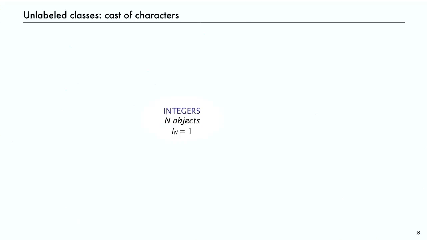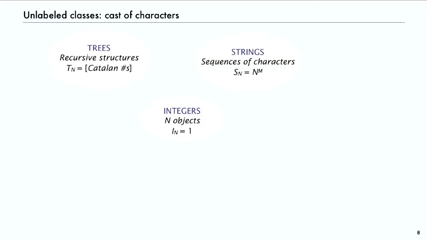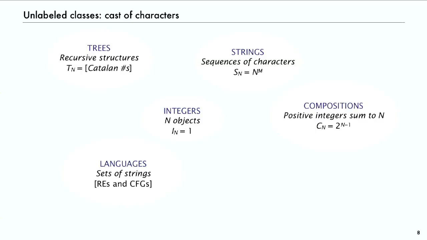So there's a number of basic combinatorial objects that are characterized well by ordinary generating functions. And they're called unlabeled classes, and we'll talk about that distinction later. So integers or strings, which are sequences of characters, or recursive structures, trees, languages, and then compositions and partitions.